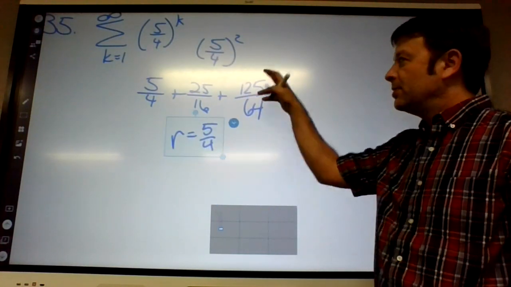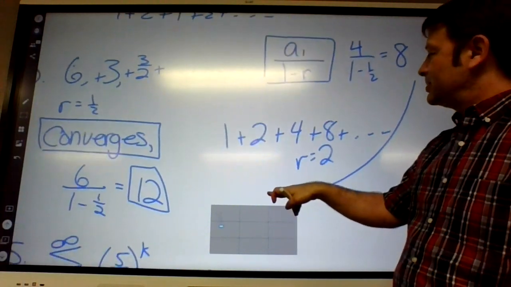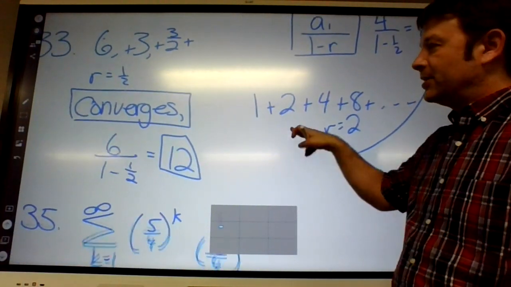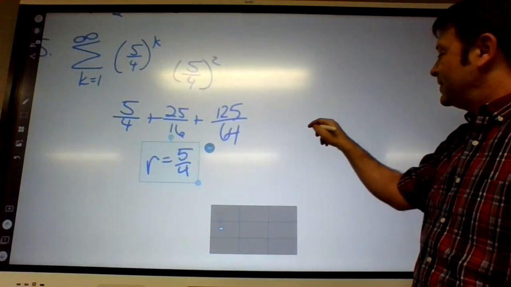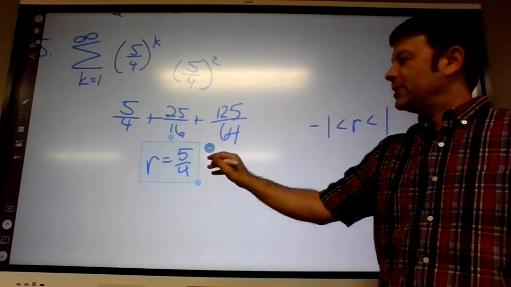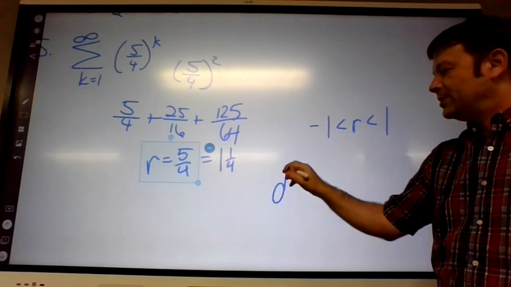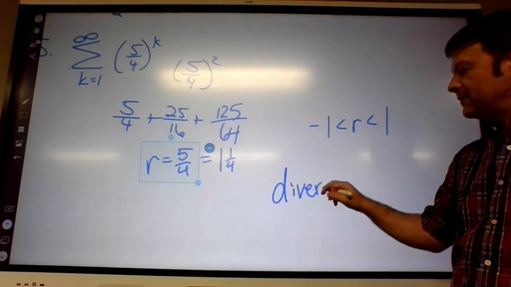No. Why not? Because it's bigger than 1. It's too big. 5 fourths is also like 1 1/4. It does not fit. So all we have to do on this one is actually just write diverges.